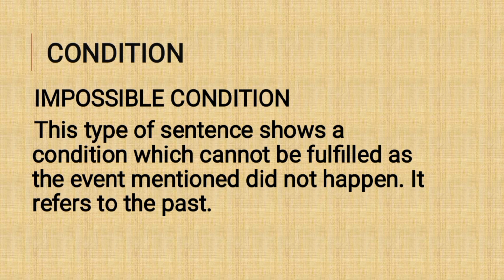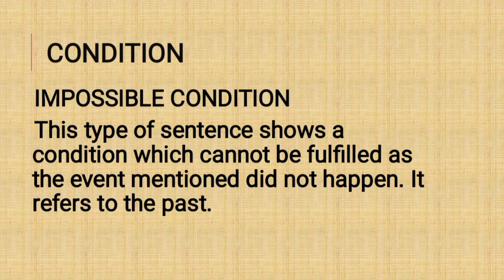The impossible one. This type of sentence shows a condition which can never be fulfilled. You have to notice the difference here. Probable condition, it is likely to be fulfilled. Improbable condition, it is unlikely to be fulfilled.